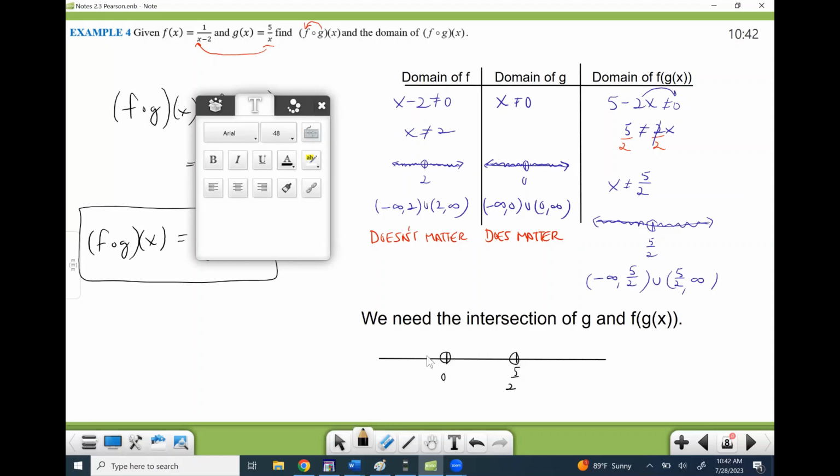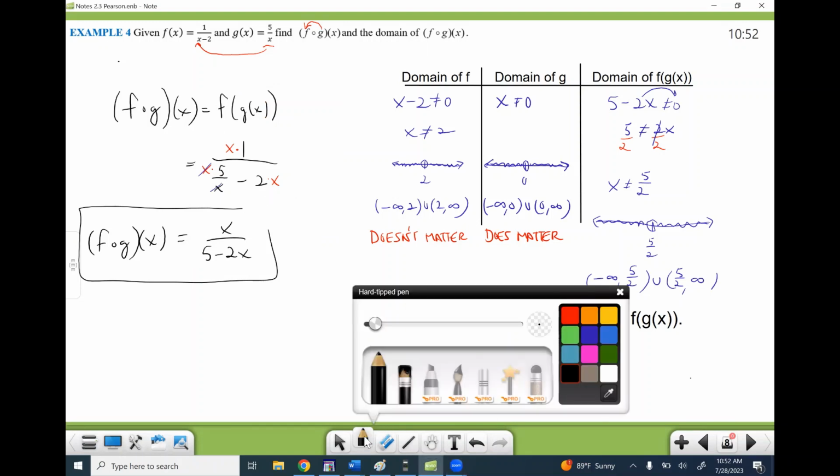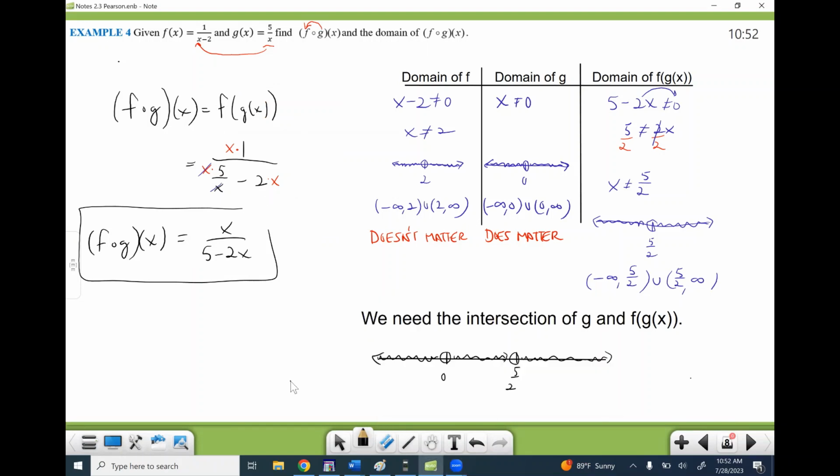So we're going to open circle those, but everything in between and, to the right and to the left are okay. All right. So if we were to write the interval notation for this, right, this would be from negative infinity all the way up to 0, from 0 all the way to 2. Oh, 2, 5/2, guys, sorry.